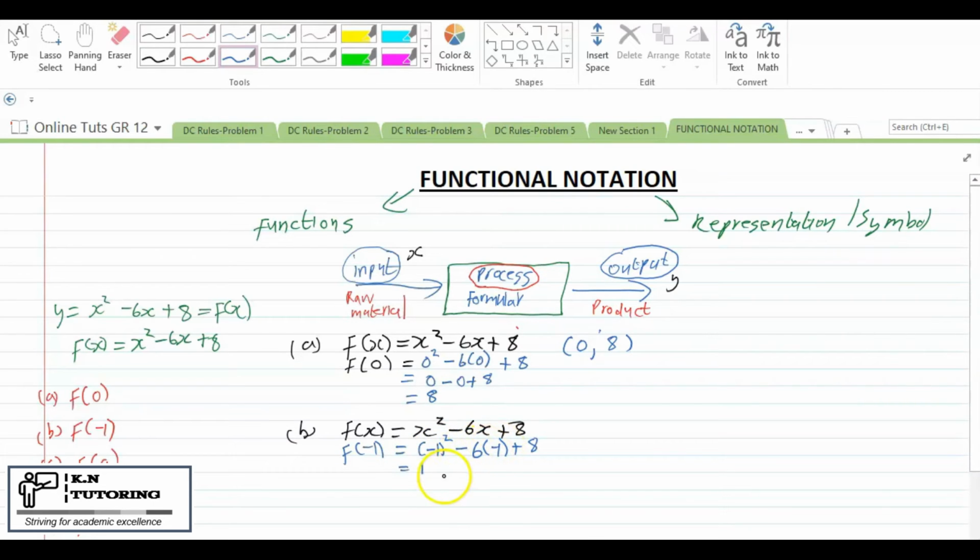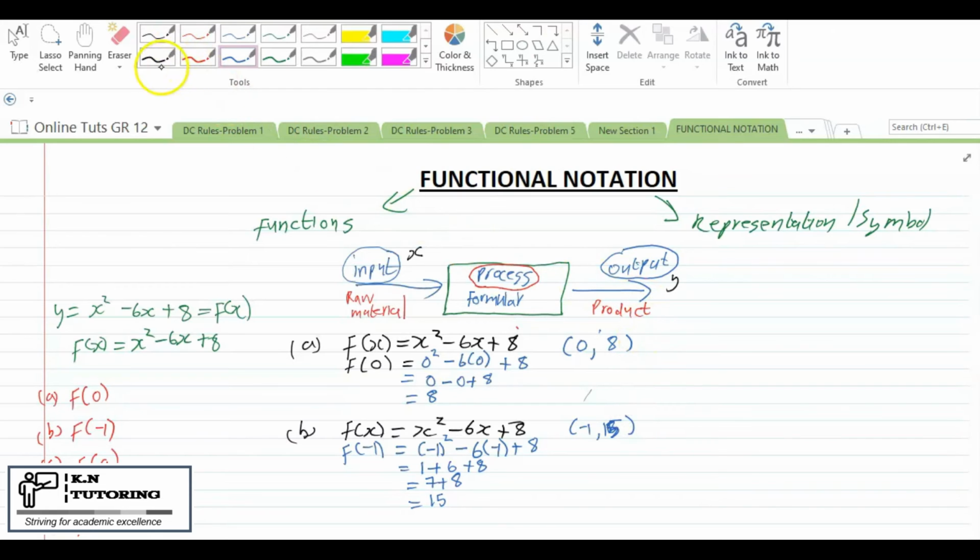A negative times a negative is positive. 6 times 1 is 6, plus 8. Therefore, 7 plus 8 is equal to 15. So if I were to represent this in a coordinate, it will be x is minus 1 and y is 15.